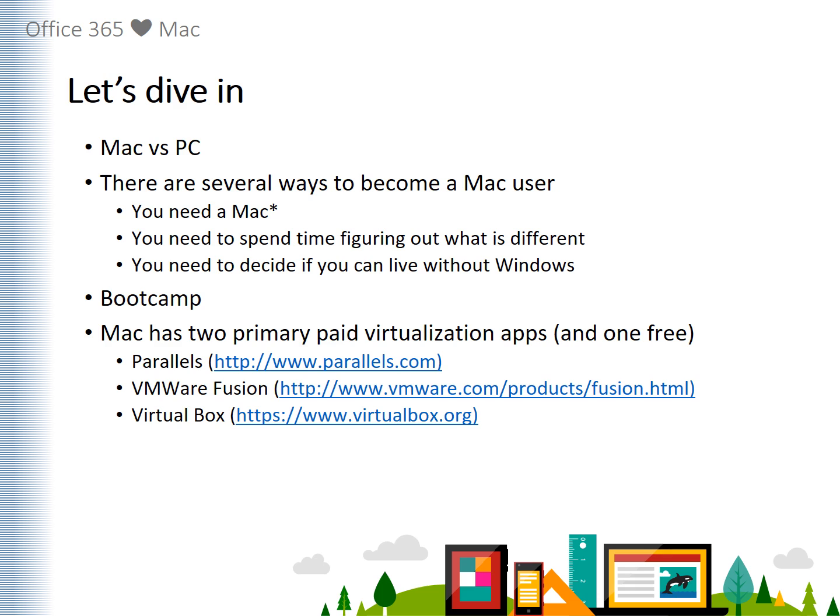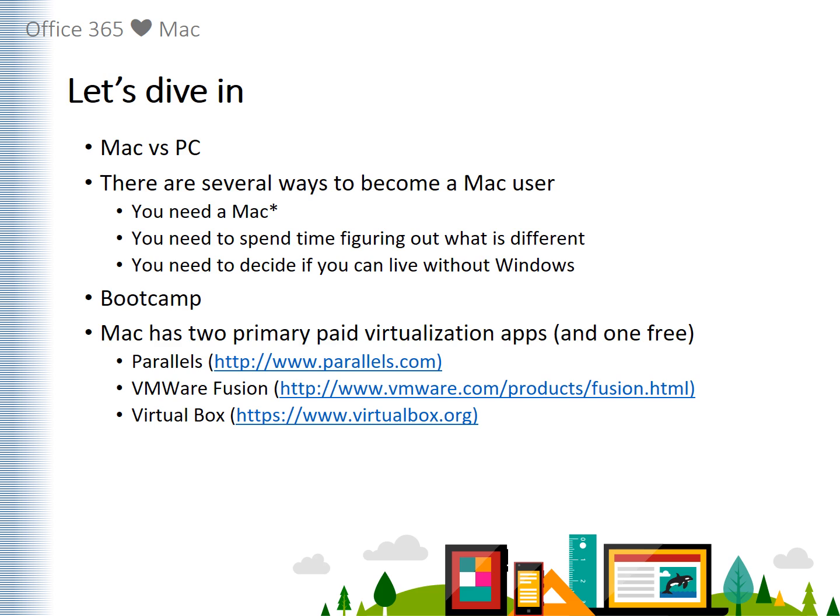So as we dive in, we'll just level set on some Mac versus PC basics for anybody that hasn't needed one. There's a number of ways to run Office for Mac. Probably the first and maybe the easiest to think about is that you need to have a Mac computer, a MacBook, an iMac, or a Mac Mini.